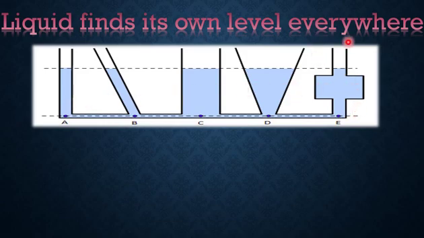Now if you pour water into any one of the tubes, what you will observe is that in every tube the liquid is rising up to the same level. Means irrespective of shape and size, the liquid has gone up to the same level. So that's why we say liquid finds its own level everywhere.